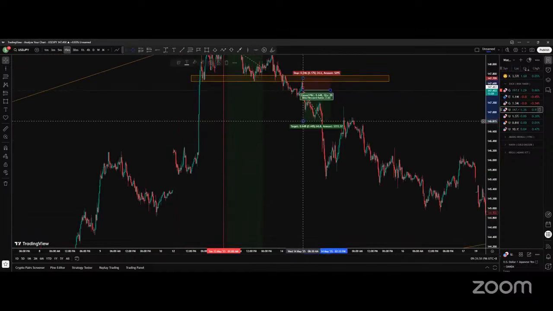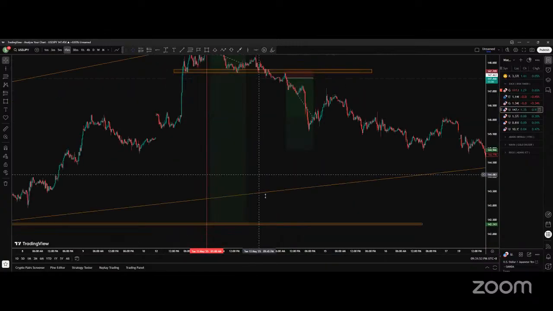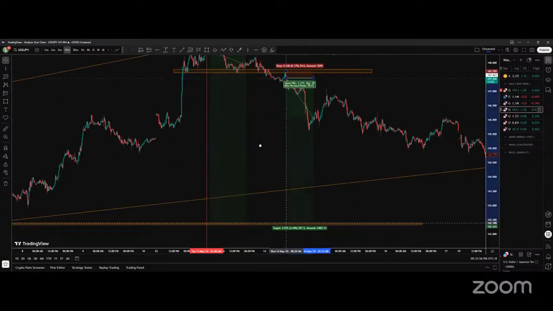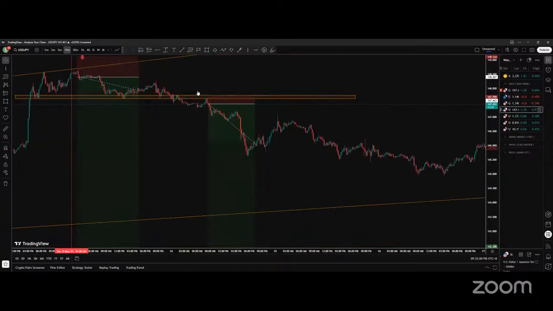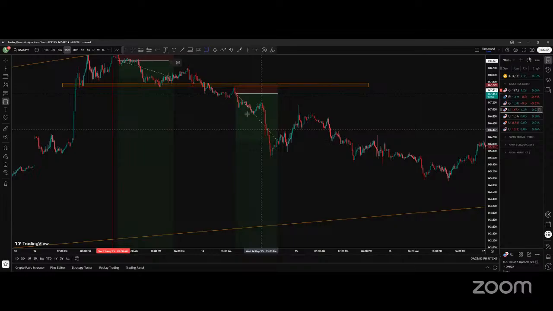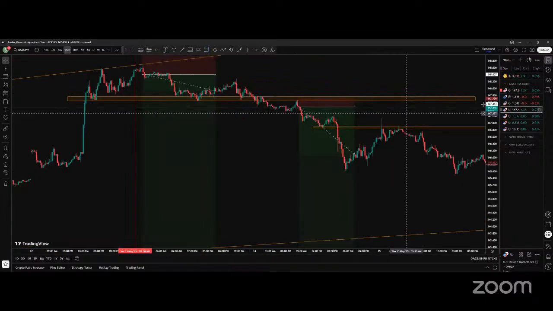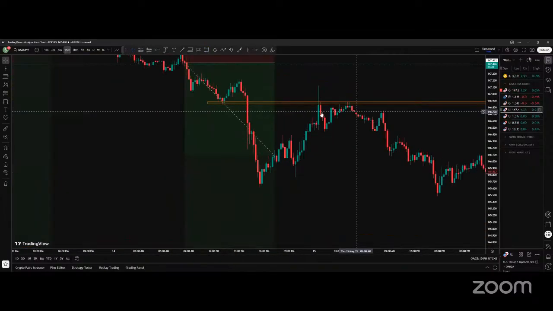So as I said earlier, if you miss the first trade, it doesn't mean that you are done for the whole week. You can always go in and look for entry points. For example, if you missed the second trade as well, we have another support over here. Just look for the exact same thing. Price leaves the area, comes back for a retracement, another bearish engulfing there. So go in for the trade.